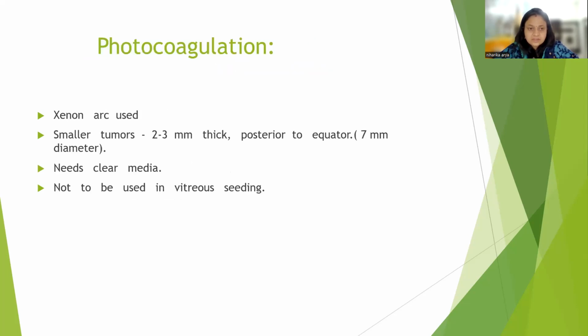The other is photocoagulation. Photocoagulation means we have to destroy the retina.